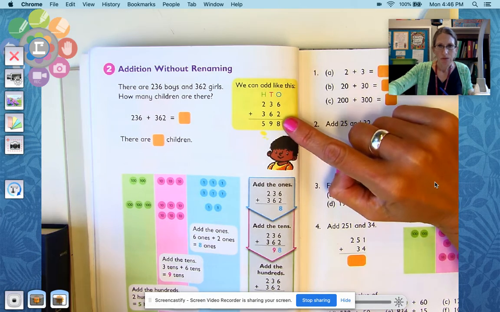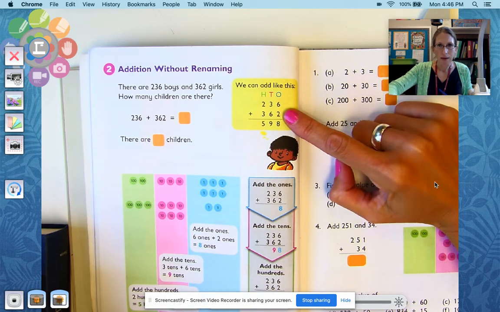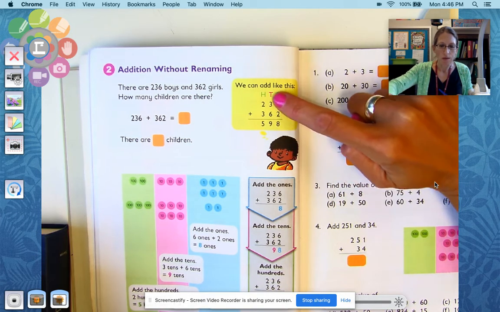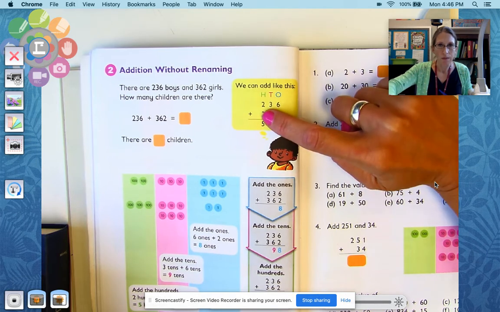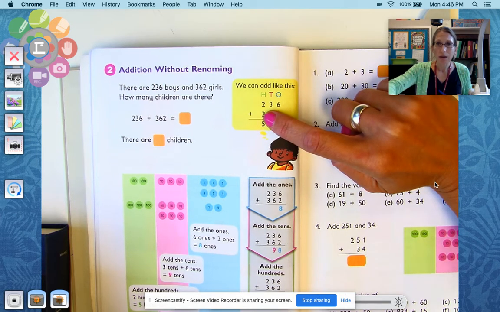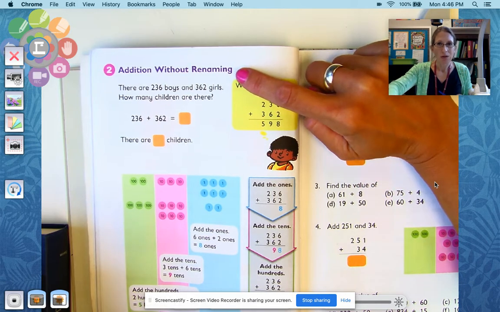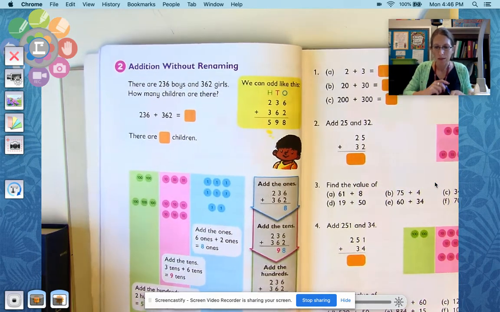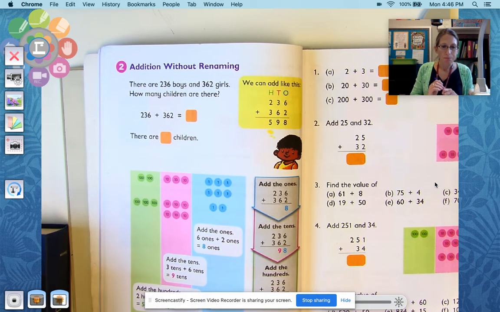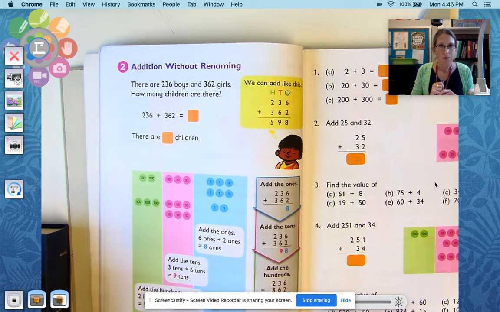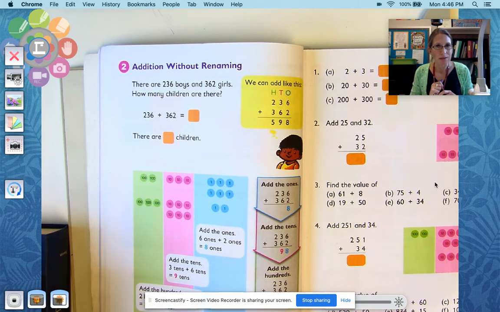So, for example, sometimes we'll be adding in the ones place or the tens place or the hundreds place. And then sometimes we have too many, and then we have to do some renaming. So, we'll talk more about what that means a little bit later. But it has to do with when we have too many in one place.